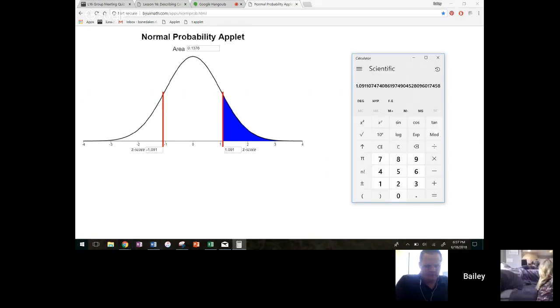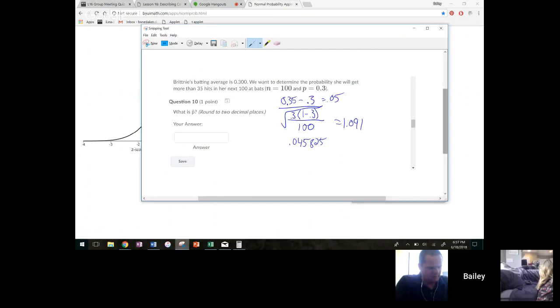What did you get for the z-score? So I was trying to find the formula. Is it like that big long formula where it's p hat minus p over square root of p, over the standard deviation? Yep. It says in the reading that the z-score is value minus mean divided by standard deviation.